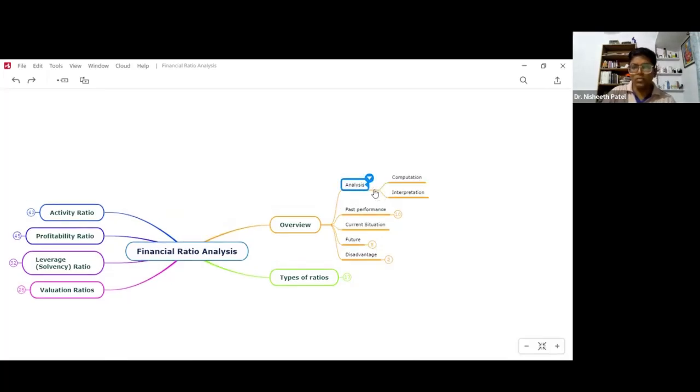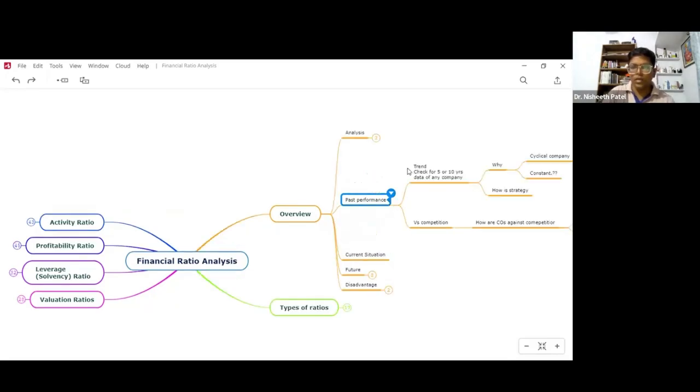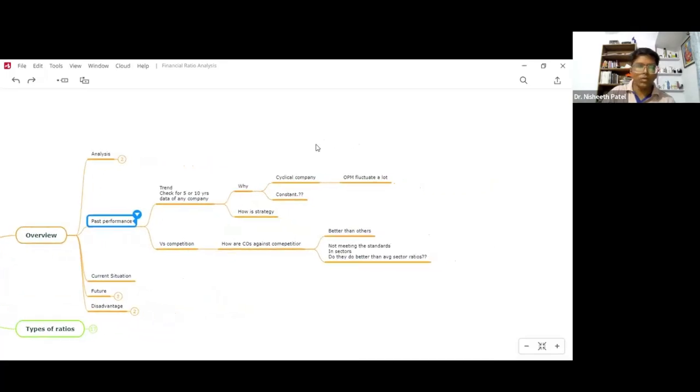Because it gives you analysis for the interpretation of expenses, sales growth, and all these things, and it will give you an idea about the trend of where the company is going, and over the 5 years whether the company is improving or not.